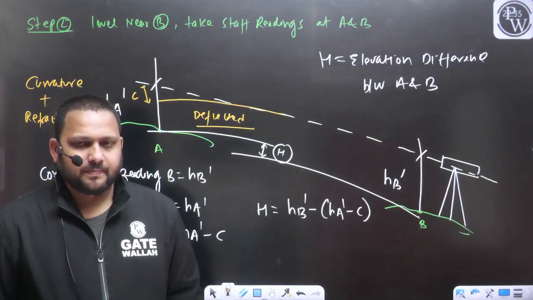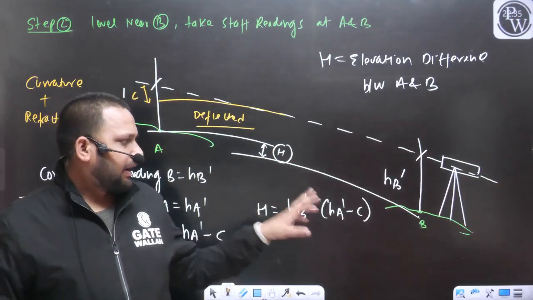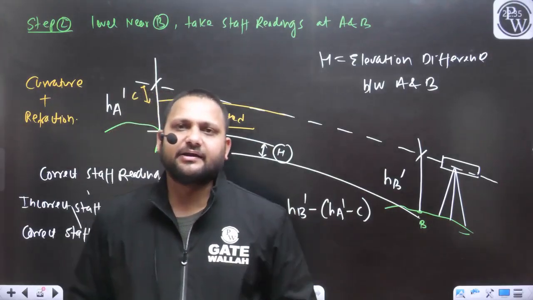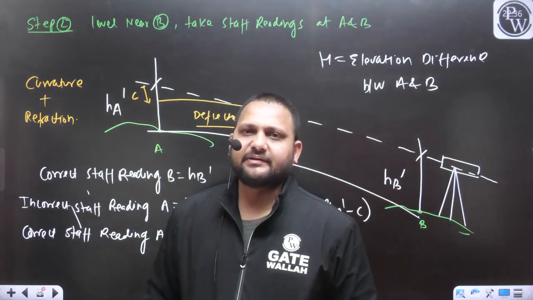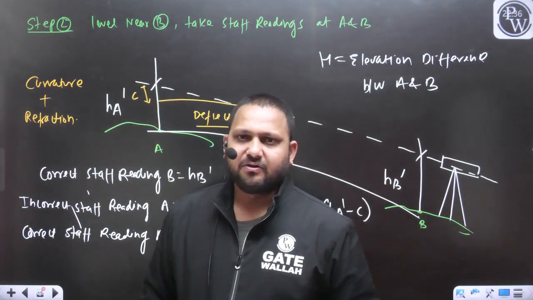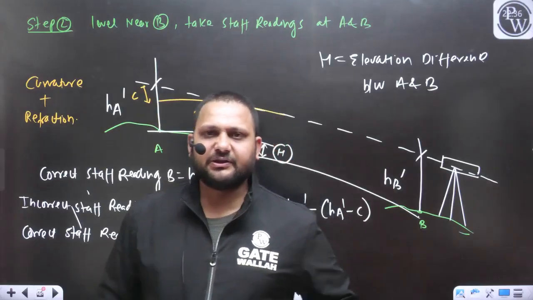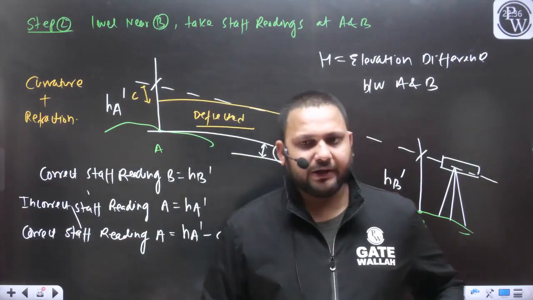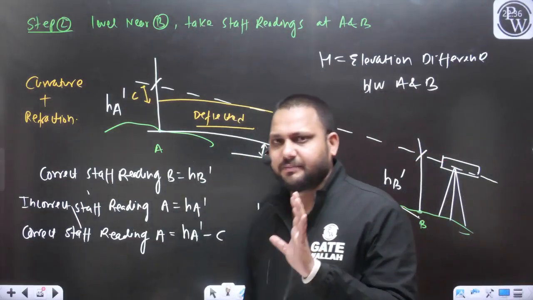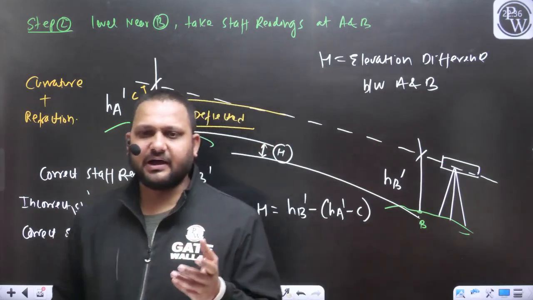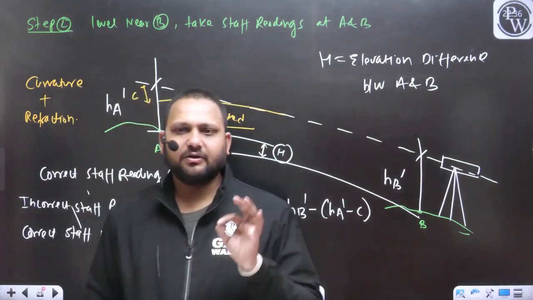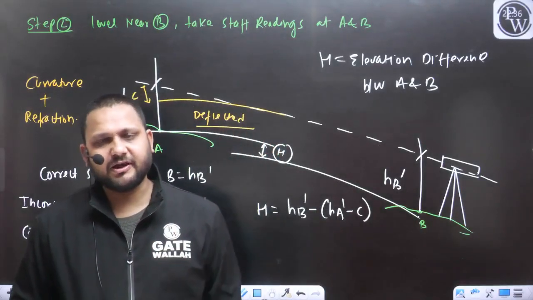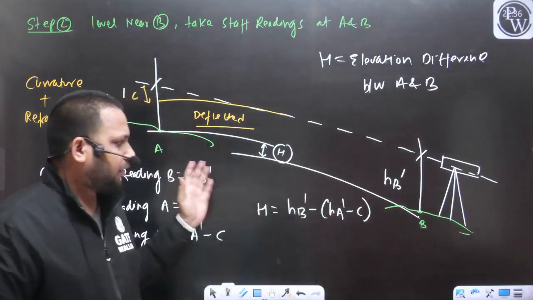If we know the RL of these 2 points, for example point A is having the RL 100 meter, point B is having the RL 105 meter, what will be the elevation difference between these 2 points A and B? Tell me in the chat box. Answer is 5. But here we don't know the RL of these 2 points.